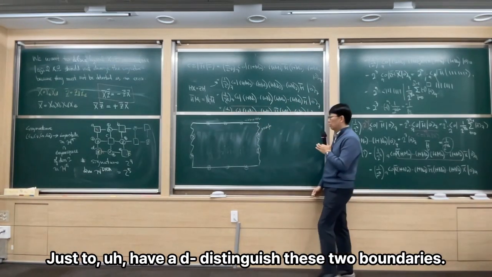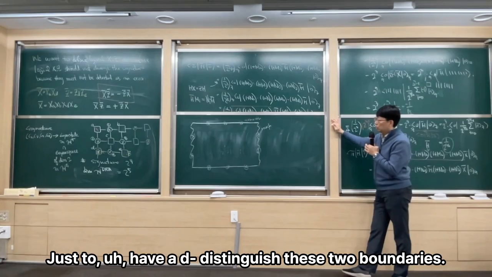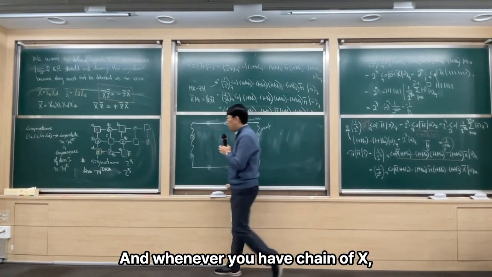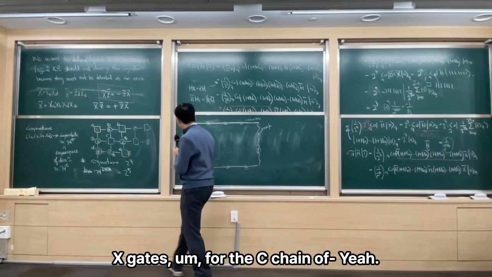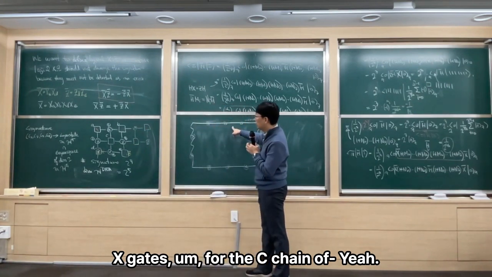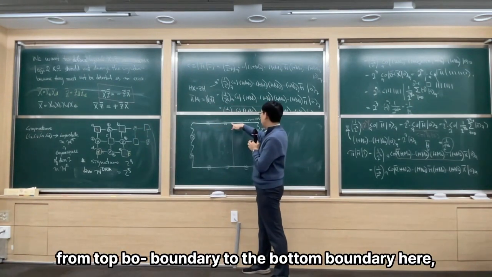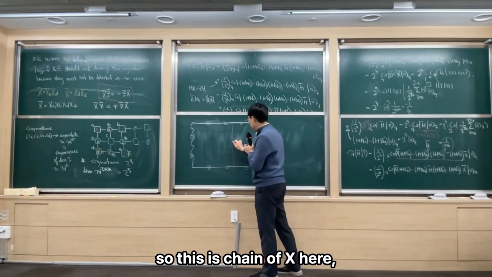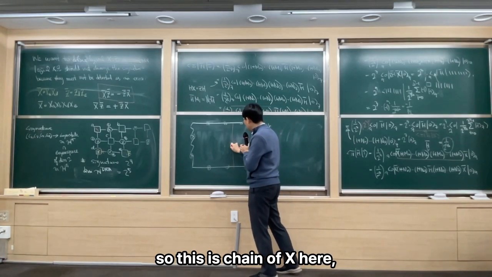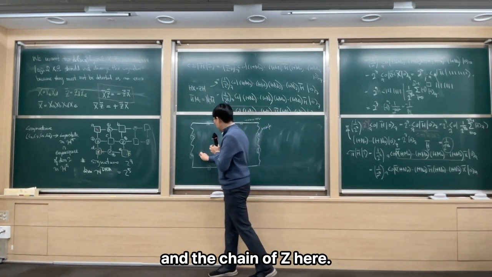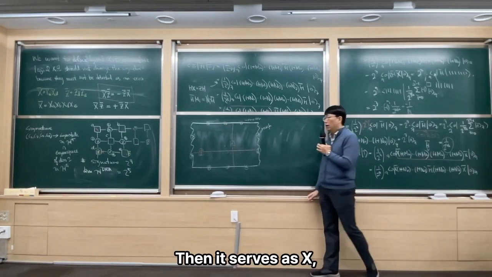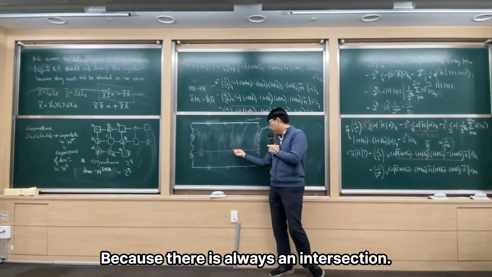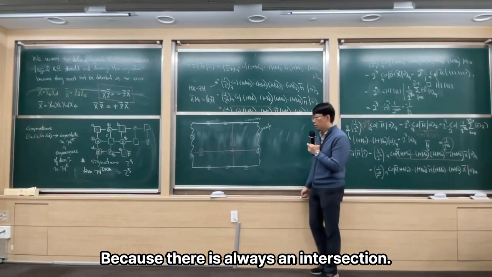Just to distinguish these 2 boundaries. And whenever you have a chain of X gates from the top boundary to the bottom boundary here, and a chain of Z here, then it serves as logical X and logical Z. Why? Because there is always an intersection.